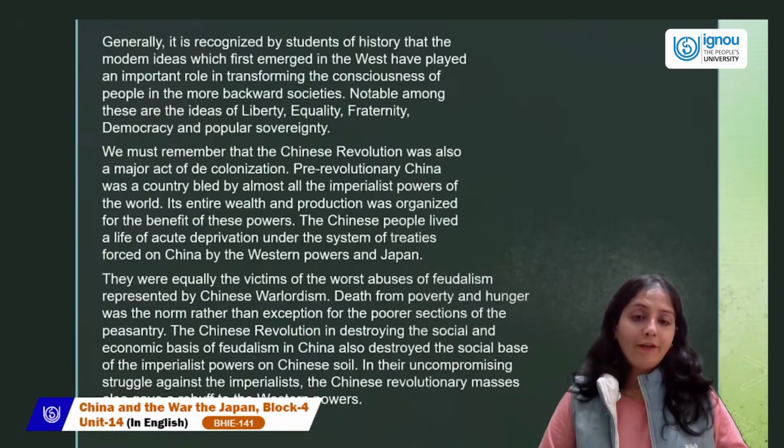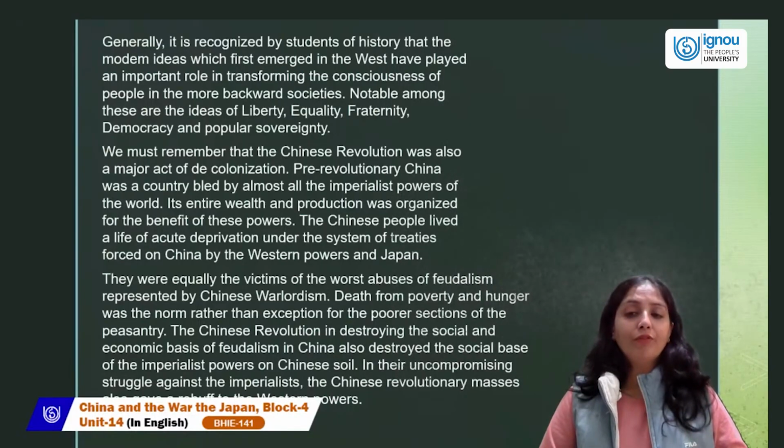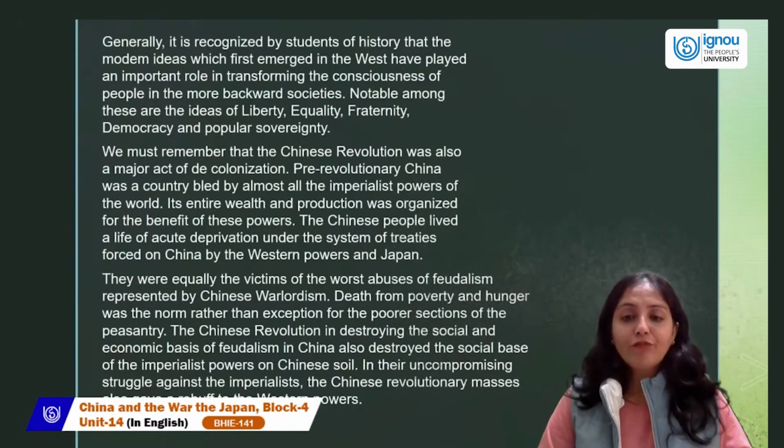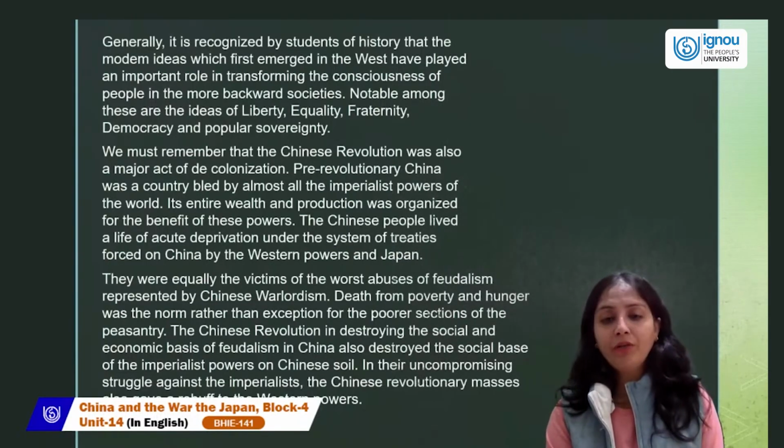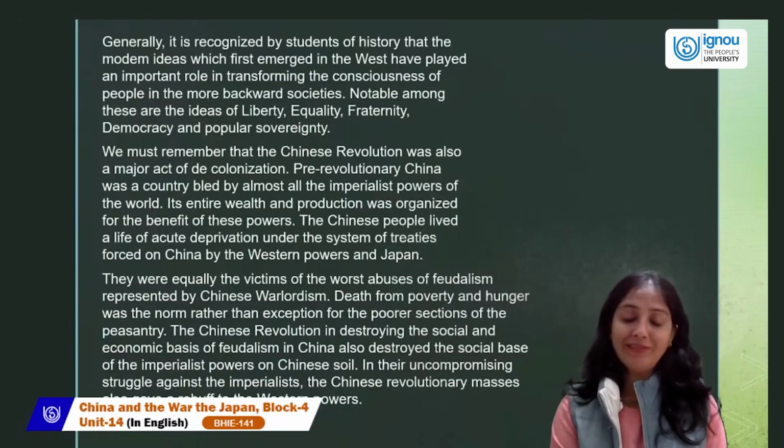They were equally the victims of the world's abuses of feudalism, represented by Chinese warlordism. Death from poverty and hunger was the norm, rather than the exception, for the poorer sections of the peasantry.